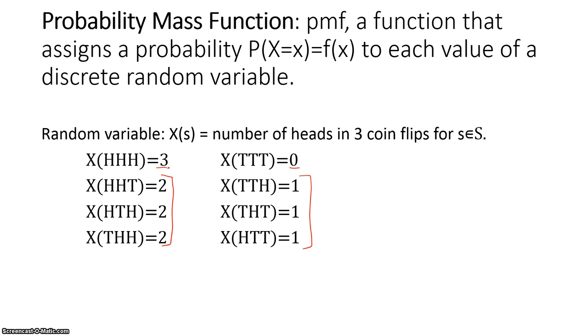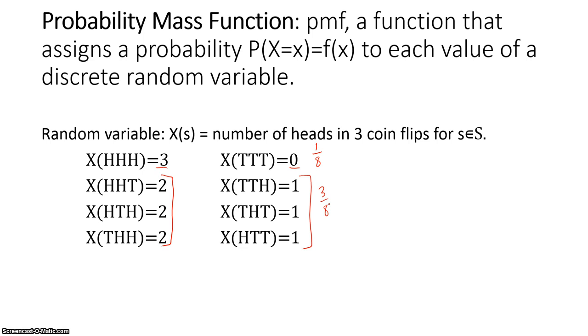Since we have 8 equally likely outcomes here, our probability f of x for 0 is going to be 1 out of 8, because there is only one outcome that resulted in 0. Since we had 3 out of the 8 outcomes that resulted in 1, we're going to have a probability of 3/8 associated with 1.